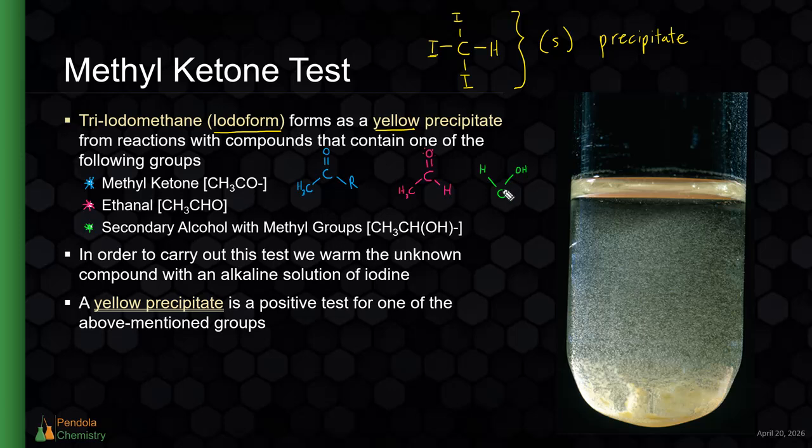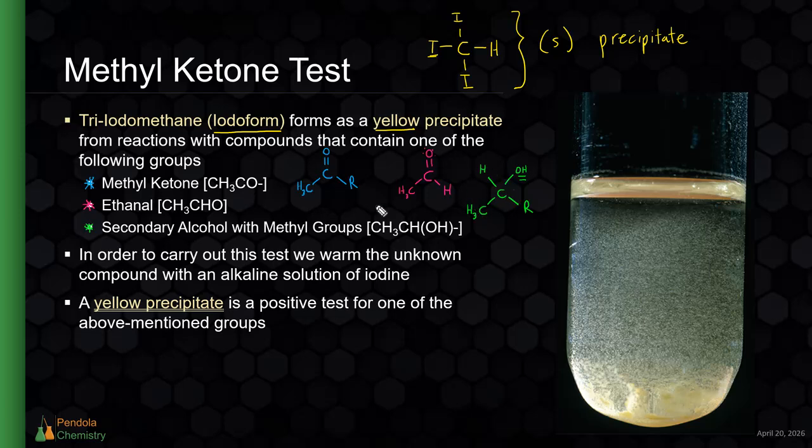So we're going to have a carbon with a hydroxyl group and a hydrogen, an R group on one side, so some kind of carbon chain on one side, and a CH3 or methyl group on the other. So it's a secondary alcohol because the hydroxyl group is attached to a carbon attached to two other carbons, where one side has whatever carbon chain we want, but the other side has to have a CH3. That's what makes it a secondary alcohol.